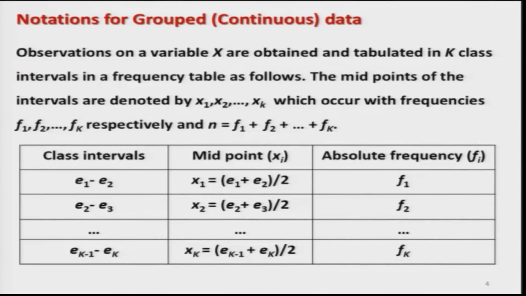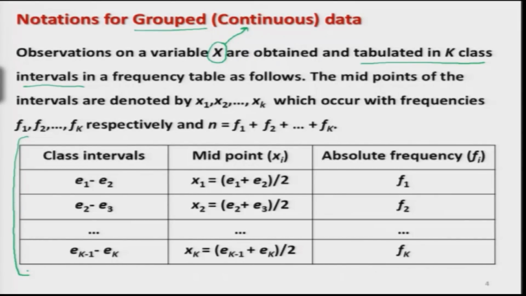Similarly, the second case is when we have the data which is grouped and we have a variable capital X, which is continuous in nature, and the data is obtained on x, and the same data has been tabulated in k class intervals in a frequency table like as here.